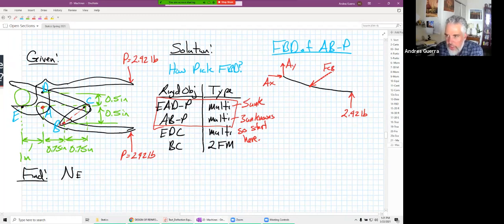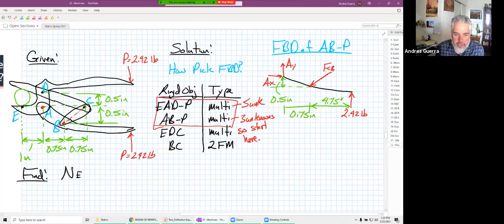Our geometry then includes a vertical distance right here, and that is 0.5 inches. We have a horizontal distance from A to B, that's 0.75 inches. And then we have another horizontal distance from here to here, and that is 4.75 inches.